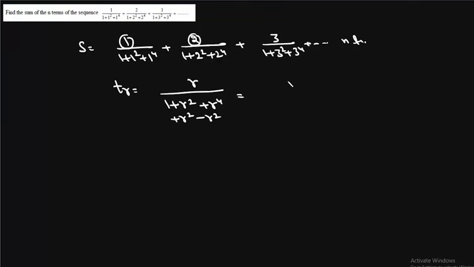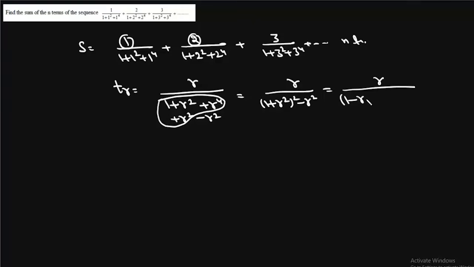We can write this as r upon, and this is a plus b whole square. So it will be 1 plus r square whole square minus r square, which is a plus b into a minus b. So it will be r upon 1 minus r plus r square into 1 plus r square. Now what we'll do is we'll split this term using partial fraction, and we'll introduce a minus sign.